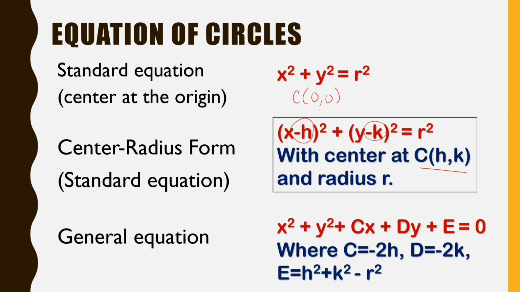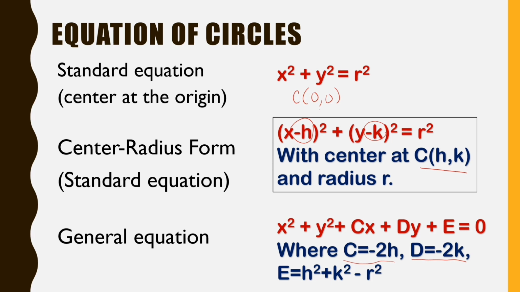For the general equation, this is the expanded form of the center-radius form. It's given as x squared plus y squared plus cx plus dy plus e is equal to 0. This is the easiest way for us to find the center and the radius. First, we will derive this: c is equal to negative 2h in order for us to get h, and d is equal to negative 2k to get k.